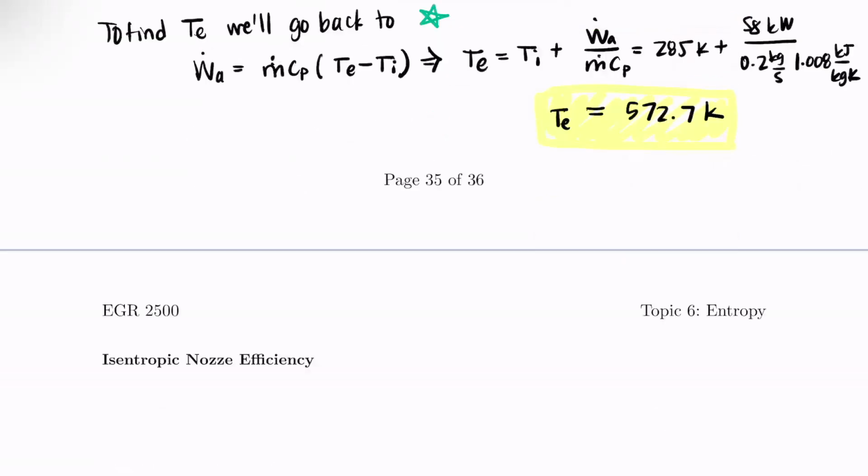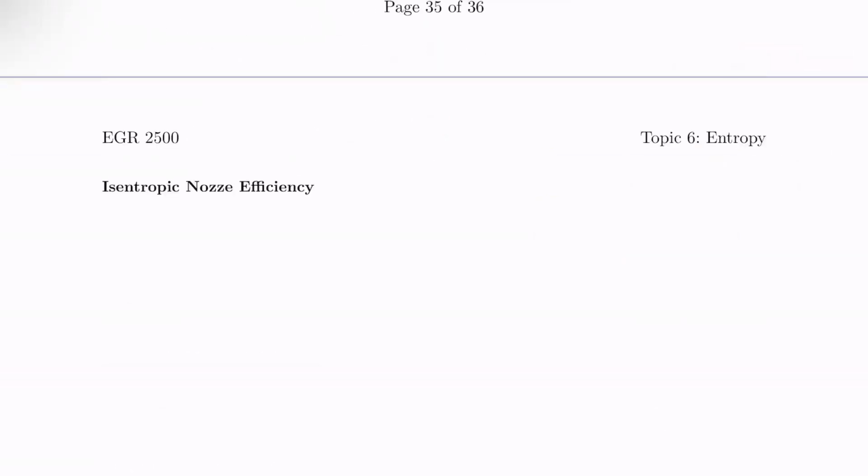Okay, and then last but not least, very quickly, nozzles. Nozzles are the last kind of flow device that we've talked about in this class, so we should talk about efficiency for them as well.